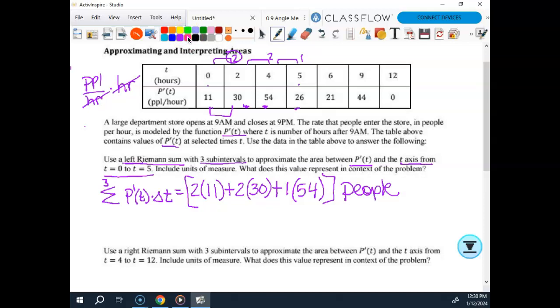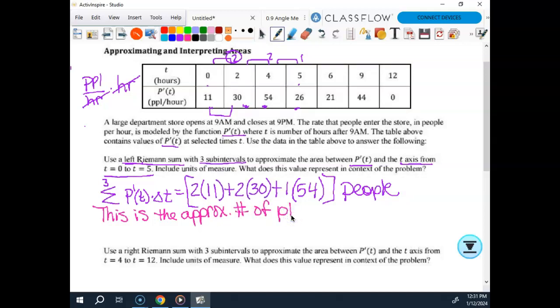Is this the exact number of people? No. It's the approximate number of people.